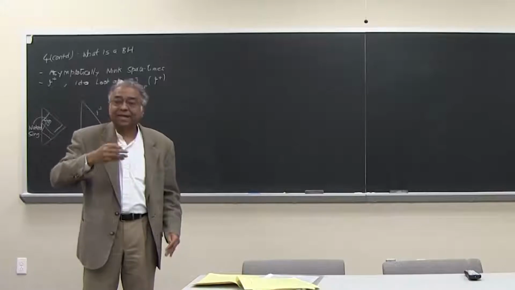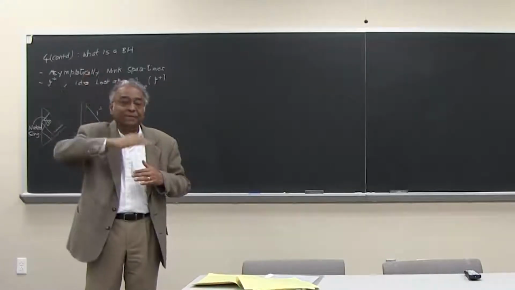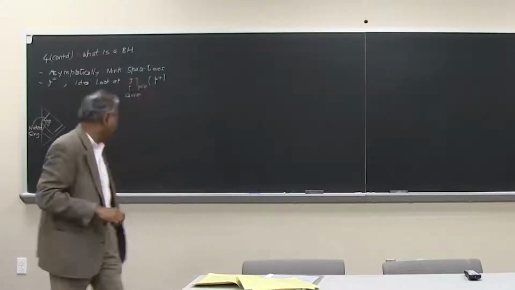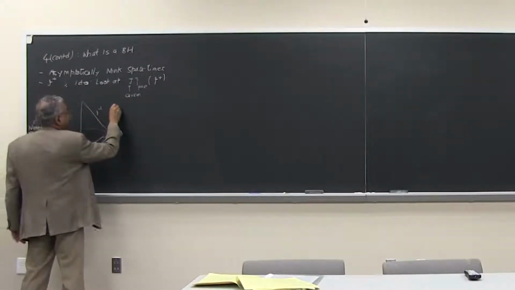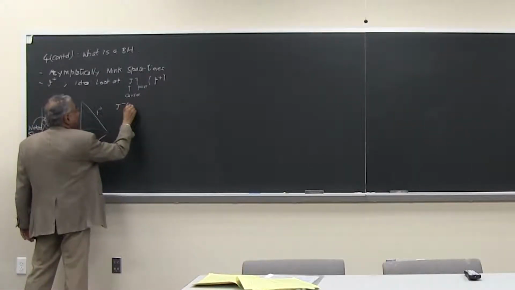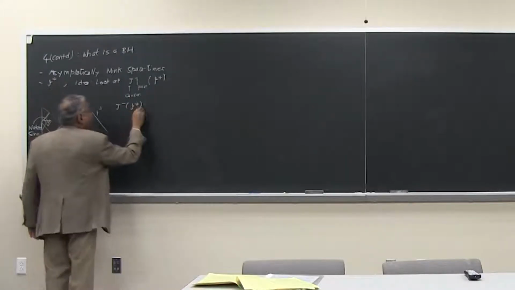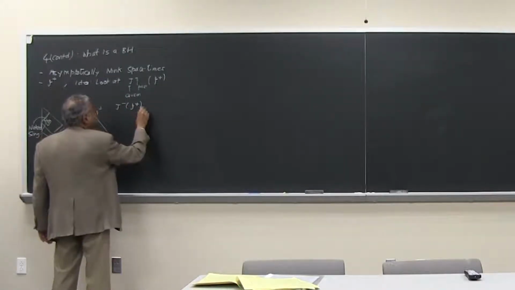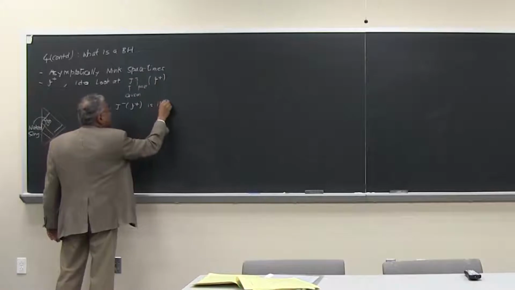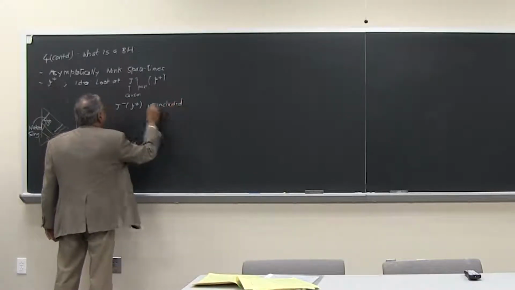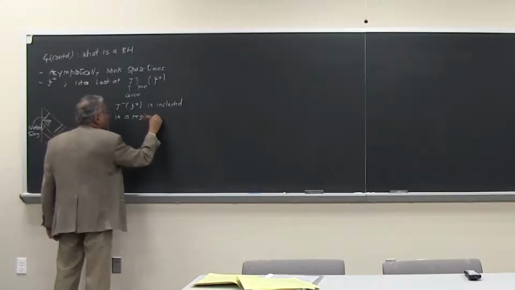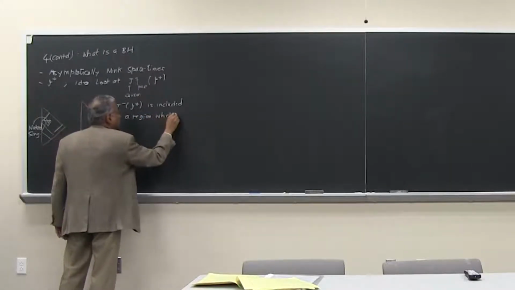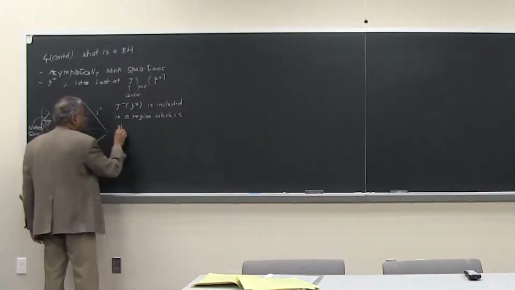In other words, there is a deterministic solution up here. So we look at this J minus of chi plus, and we want to say that this is included in the region which is globally hyperbolic.